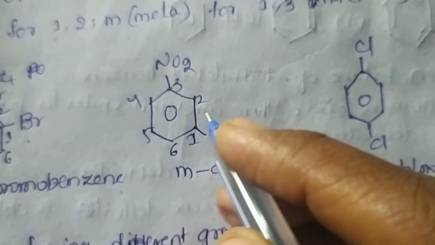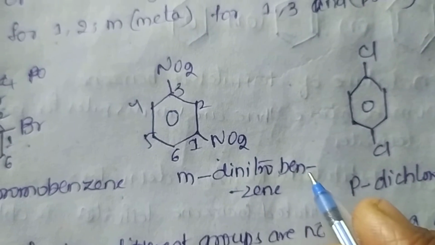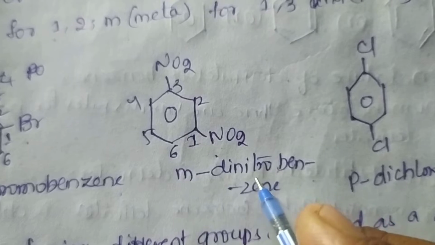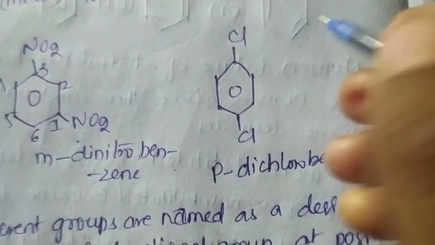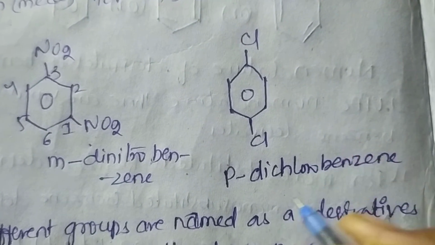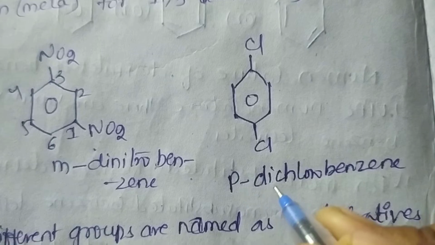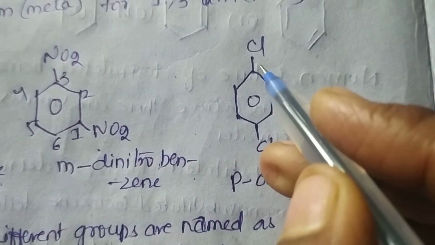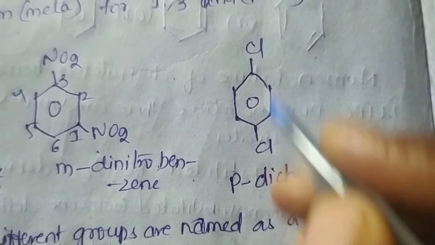Meta dinitro, here two nitro groups are there, dinitrobenzene. So here in the para positions there is chlorine. It is given as para dichlorobenzene. There is no problem because each chlorine is in the para position only.